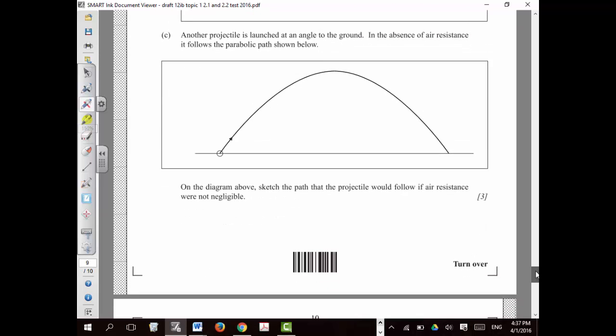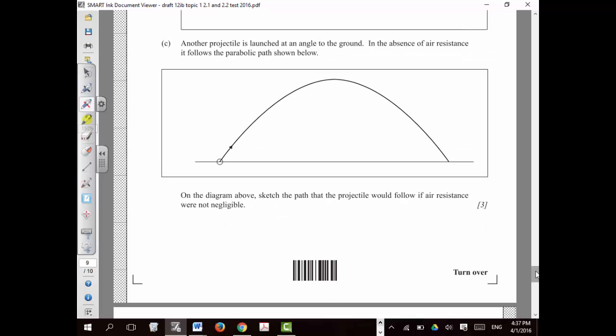Another projectile is launched at an angle to the ground. In the absence of air resistance, it follows a parabolic path as shown below. Sketch the path that the projectile would follow if air resistance were not negligible. Okay, if air resistance is not negligible, there's going to be a force acting in the opposite direction of motion throughout the motion, which means that from the very start it's going to reach a lower height and a shorter distance.